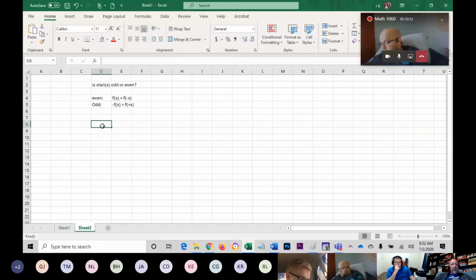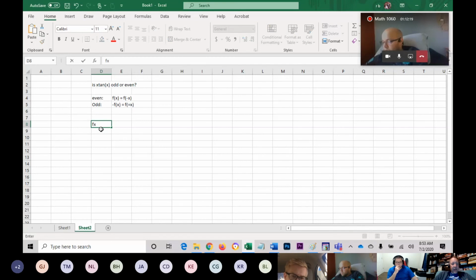So one way to think about this: we've got a function x times the tangent of x. So let's say f(x) equals x times the tangent of x. Now let's find f(-x).